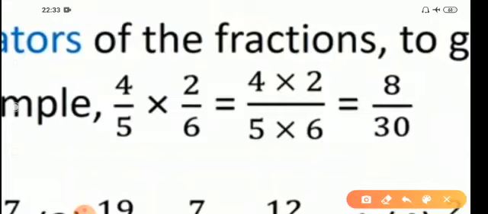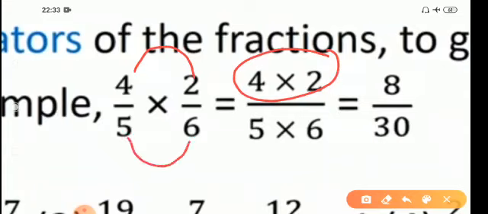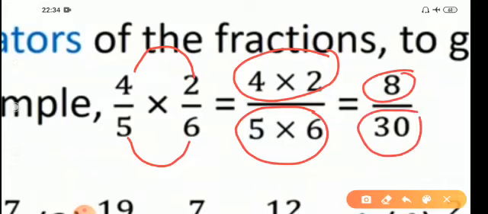First we multiply the numerators, 4 multiplied by 2, and then we multiply the denominators, 5 multiplied by 6. Now 4 2s are 8 and 5 6s are 30. This is our answer, 8 upon 30.